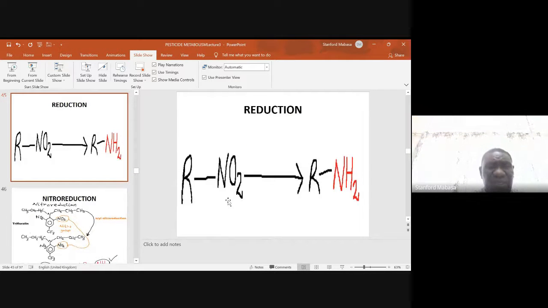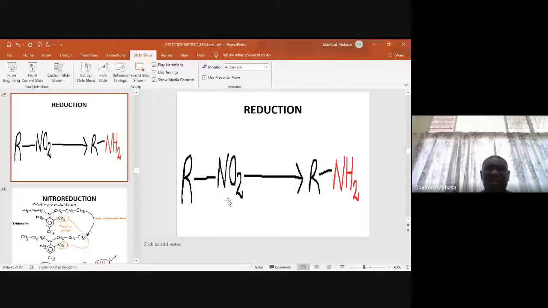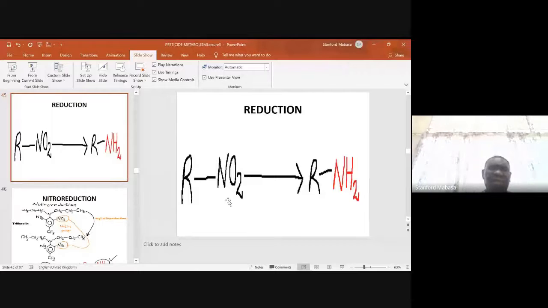Then we've got this process, I think reductions are involved here. With the reduction, we need the nitro group, which is converted to an amine.